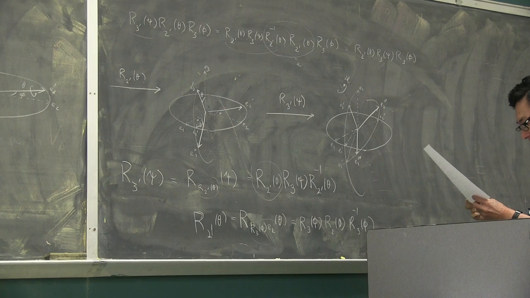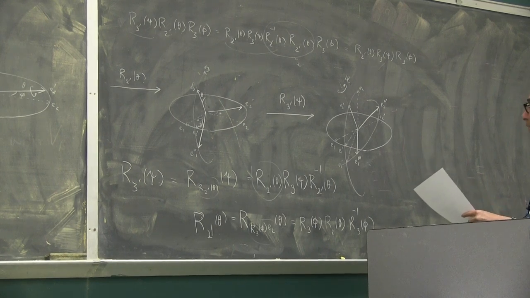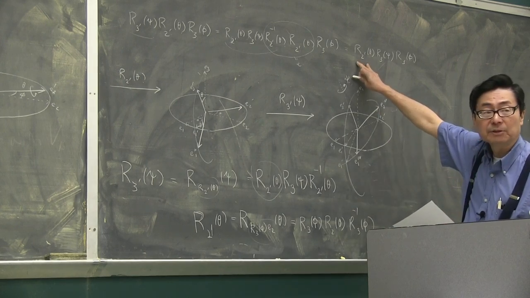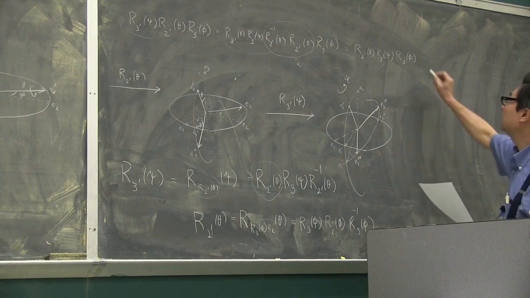Okay. And the last step is I'm going to make use of this expression for R2 prime and stick it up front over there. Okay. Let's see what we get.